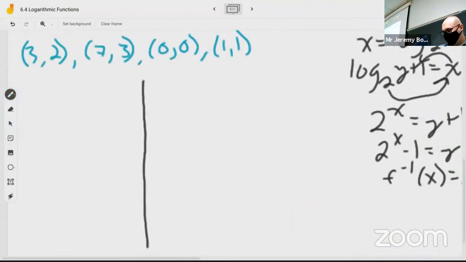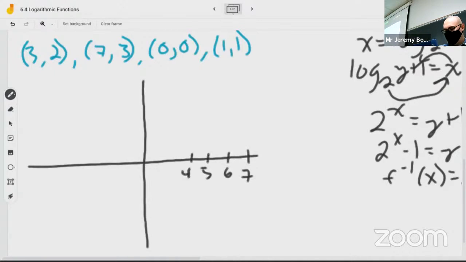Think about it. And so let's say this is 7, 6, 5, 4, 2, 1. I ran out of room a little bit there. And 2, 1, 2, 3, 4, 5, 6.